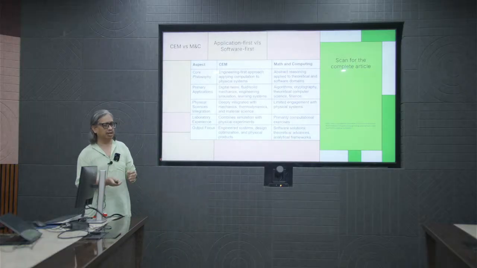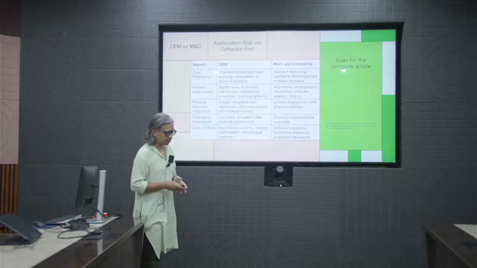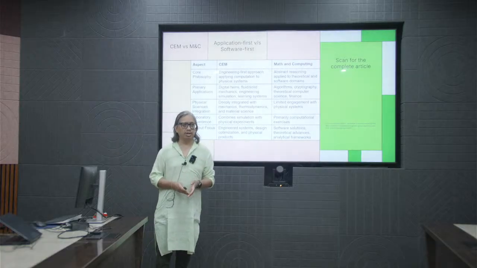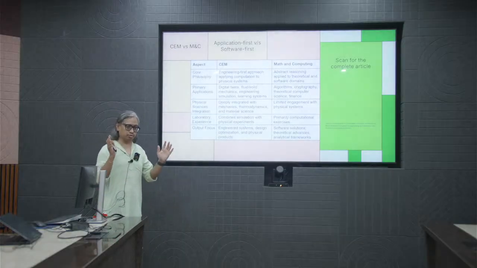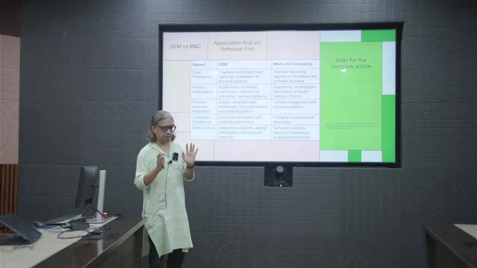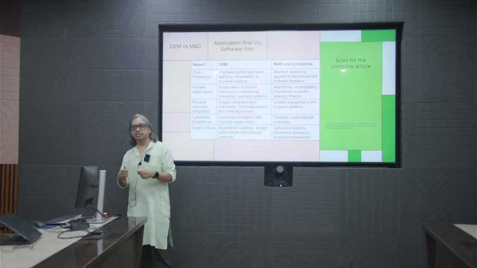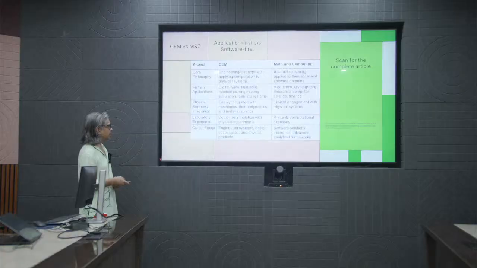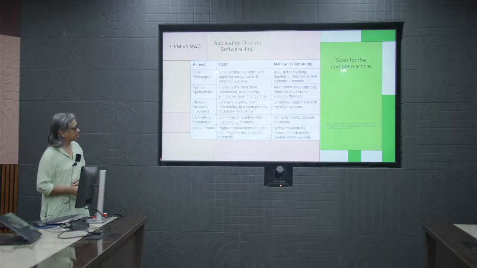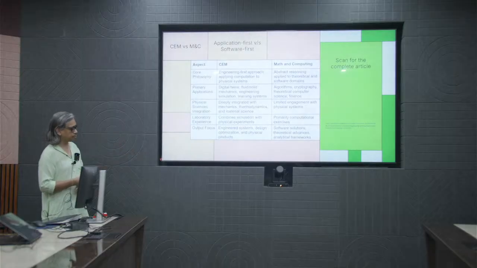In our department, we have around 40 labs, and we are also trying to build two labs directly for UG students, in which they can just play around. That will be ready by this July. And of course, the output focus is on engineered systems, design optimization, and physical products.